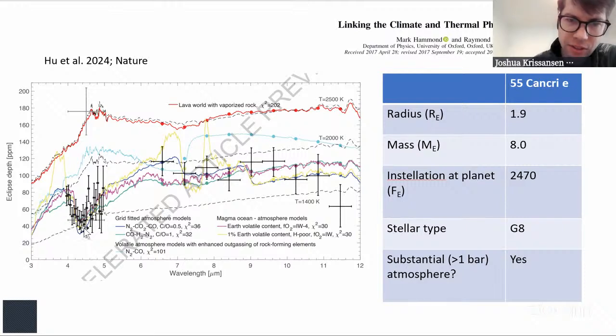But the fact that the eclipse observations seemingly rule out a thin rock vapor atmosphere and are more consistent with a high mean molecular weight secondary atmosphere shows you that atmospheres can be retained even under extreme stellar fluxes, and this is not just a JWST result. This is consistent with some interesting pre-JWST analyses of this object that also seem to suggest a substantial atmosphere.